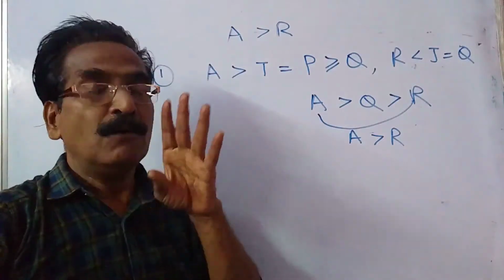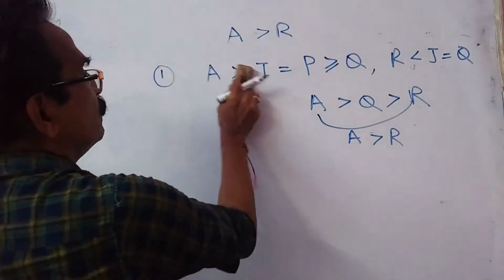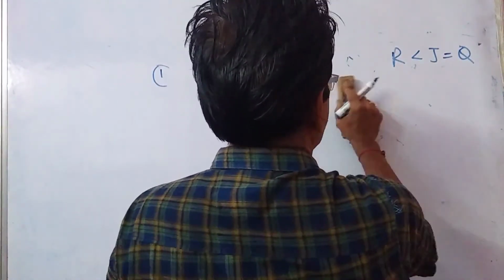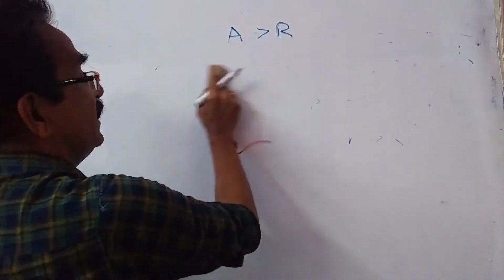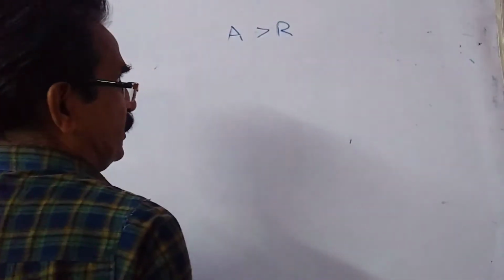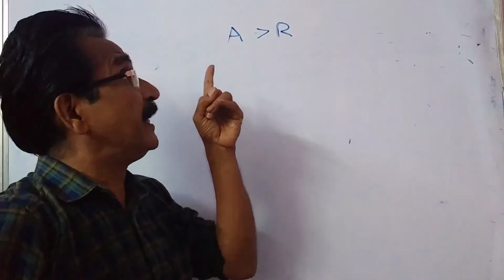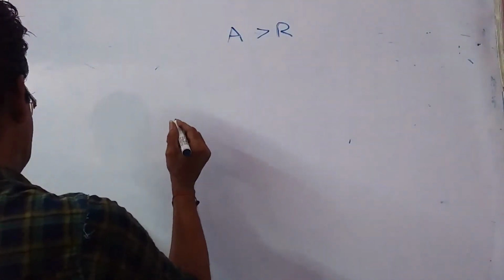That is, it follows. We want the statement which does not hold good. So first option is not correct. We have to get the conclusion where A greater than R does not follow. We have to select that option. Okay. Now let us see the second option.